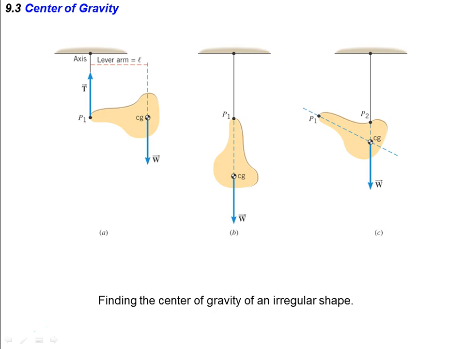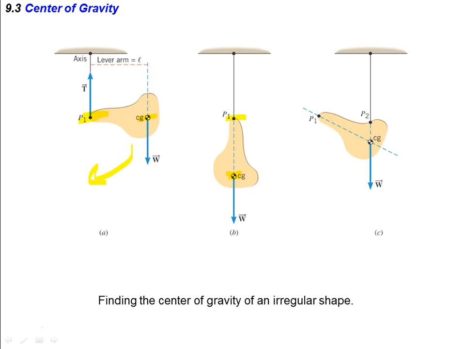Now let's say we have some irregular shape and we want to find the center of gravity of this irregular shape. If we just attach a string to one end of it, we know that because the center of gravity is somewhere in this shape, it's going to cause a torque and a rotation until the point where it settles and the center of gravity is directly below that point of contact.